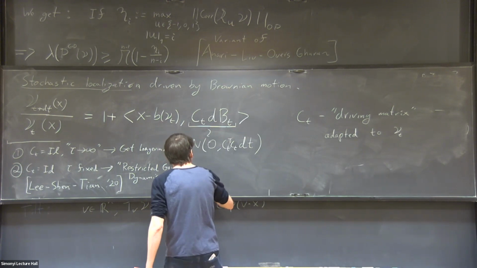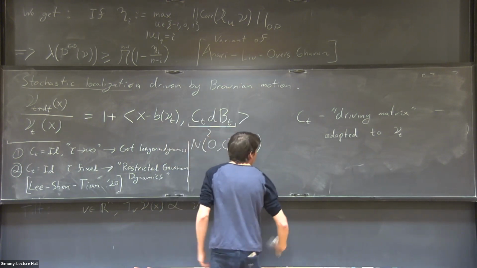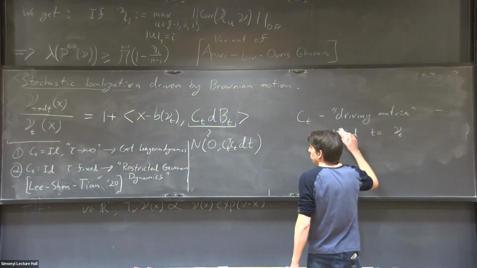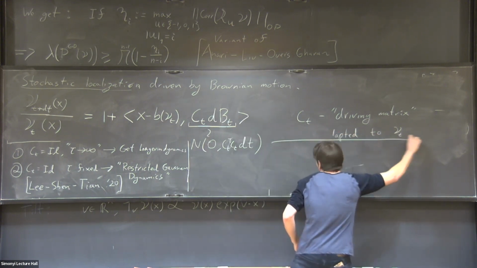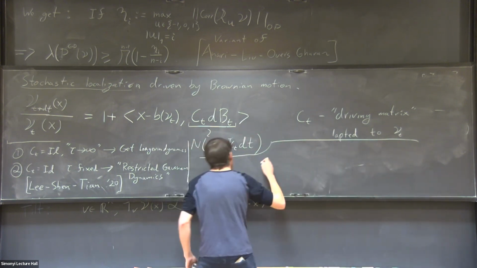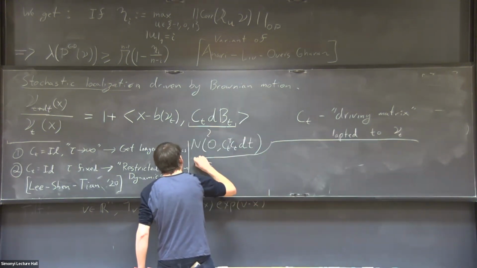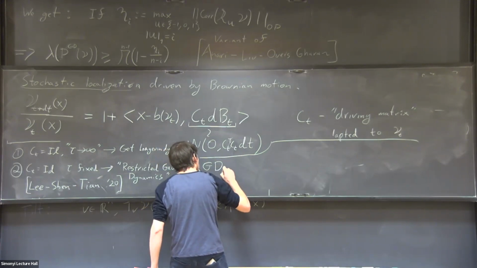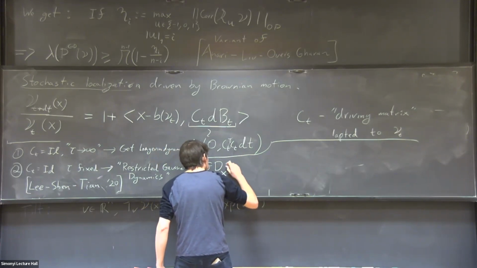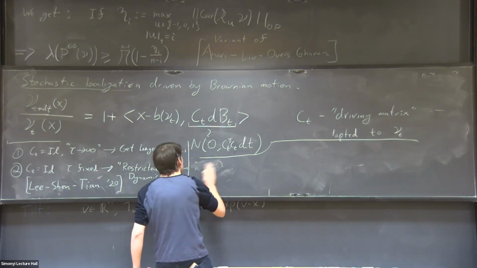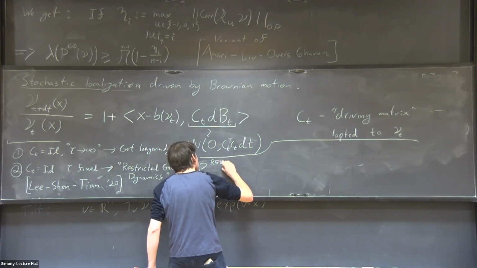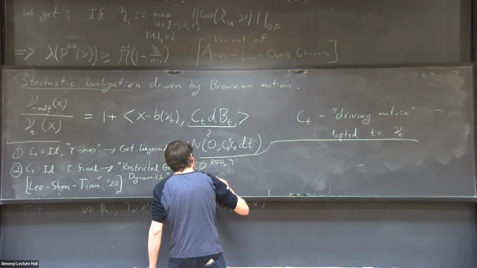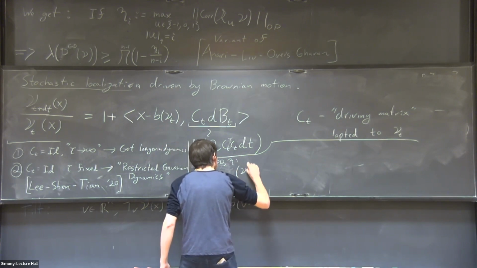And what is the restricted Gaussian dynamics? Let me define it to you. So RGD, restricted Gaussian dynamics with some parameter eta from X to Y for a measure mu on R^n.